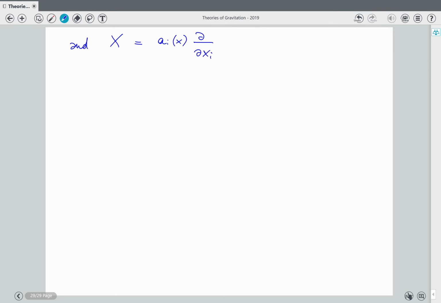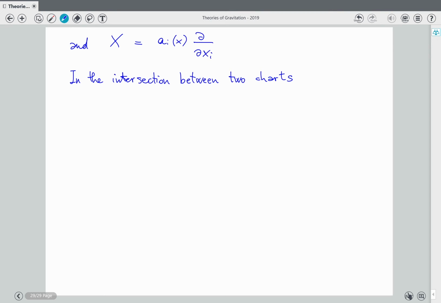In the intersection between two charts, recall that a chart is a pair, open set and coordinates, but sometimes you can have two charts which have the same open set, just two different coordinates for the same open set. Those are two different charts.